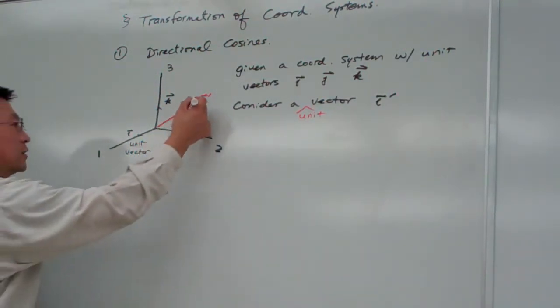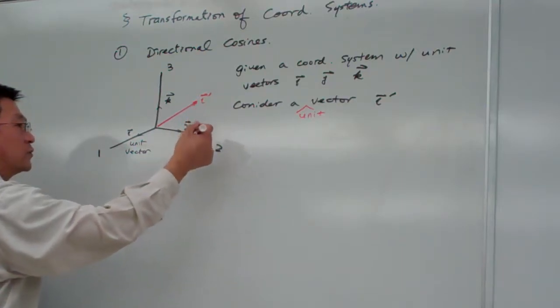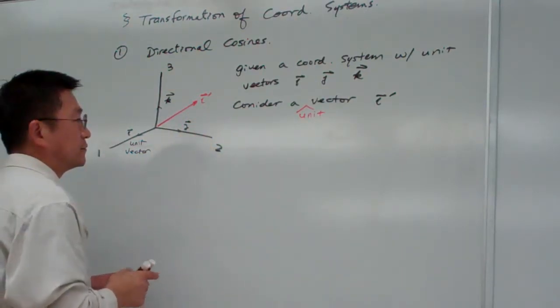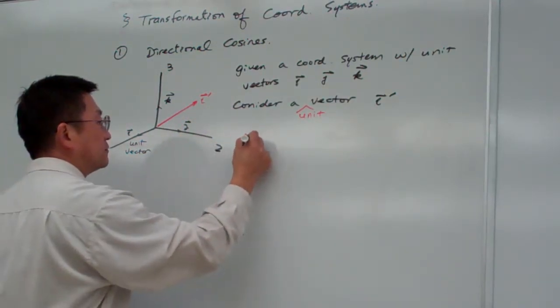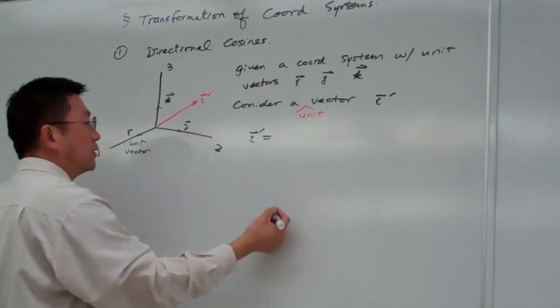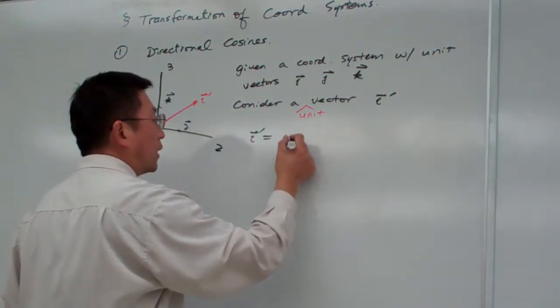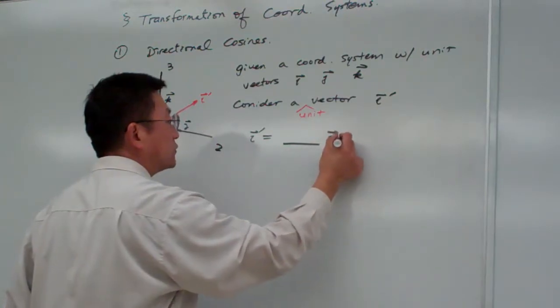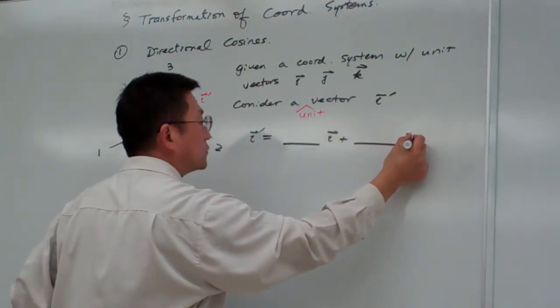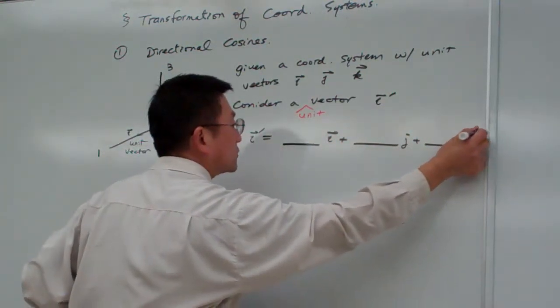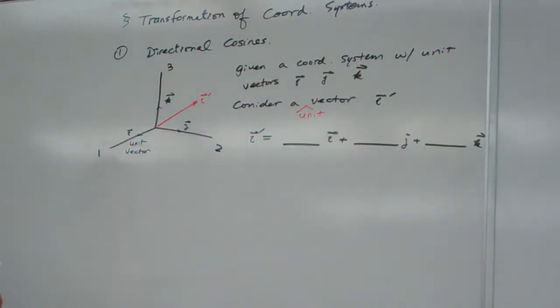And let me project this unit vector. I want to express I prime in terms of the i vector, the j vector, and the k vector. I want to find the coordinates of this given vector in the given coordinate system.